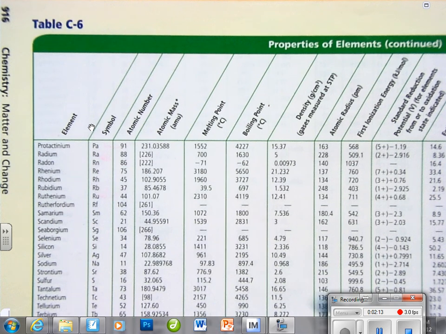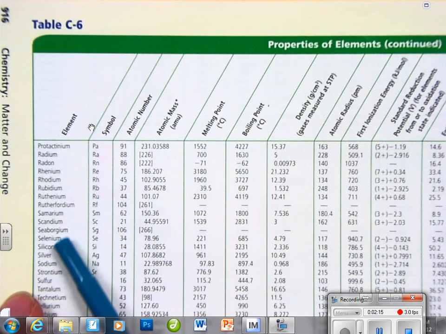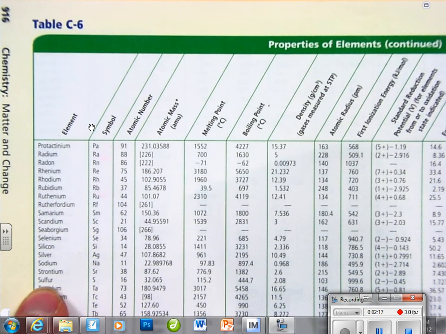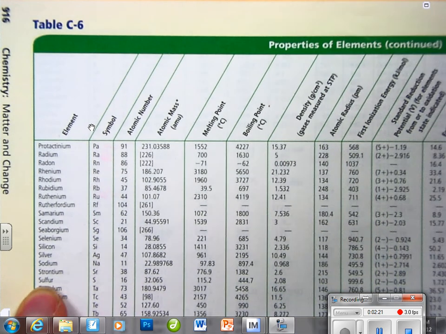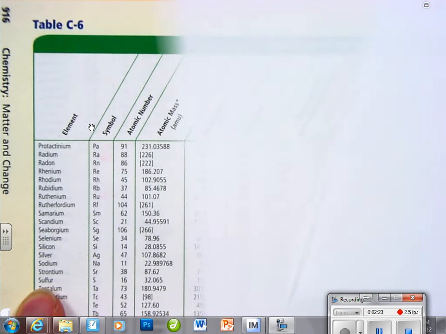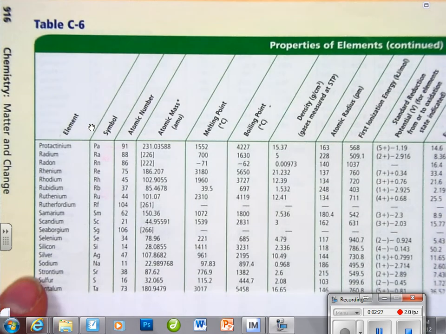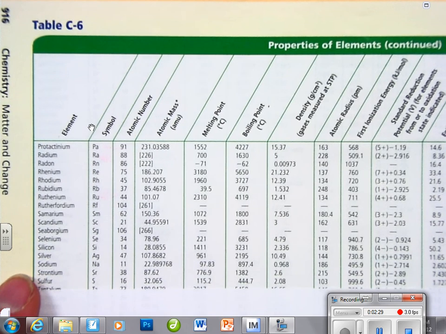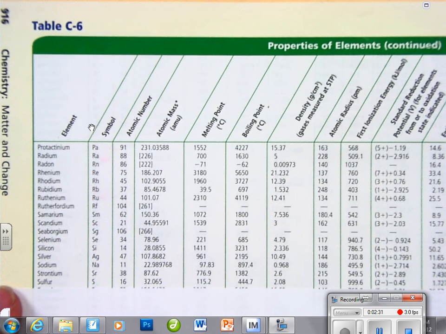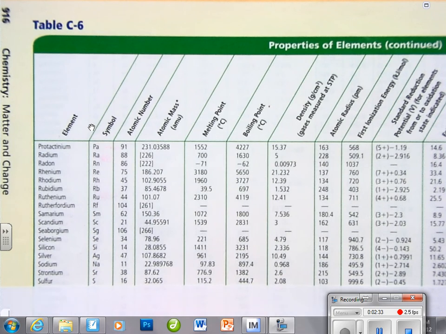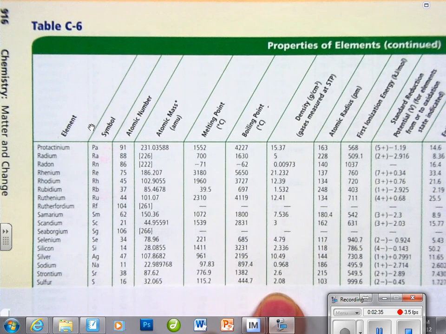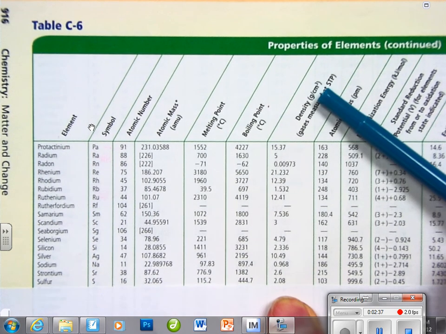And on page 916, you'll find sulfur right here. And I recommend that you use a straight edge or a piece of paper or something, so that you can come across and be on the right line when you get to that column. And you can see here the number for sulfur is 2.08, and the unit of measure is grams per cubic centimeter.